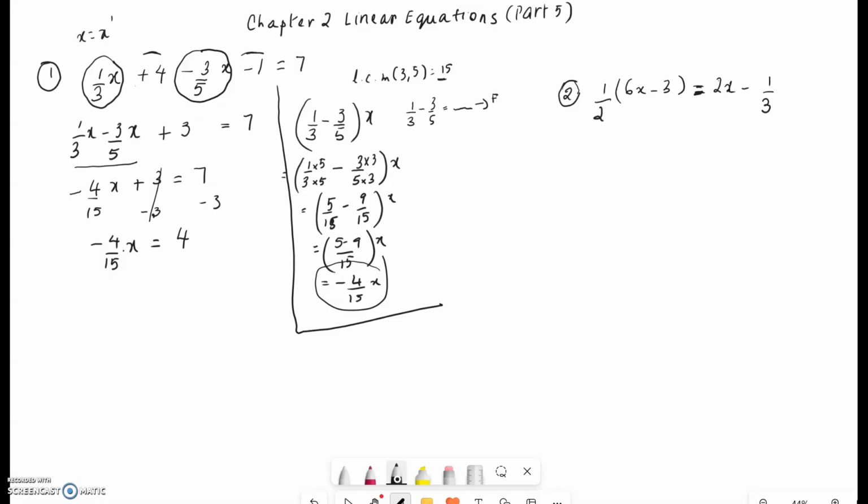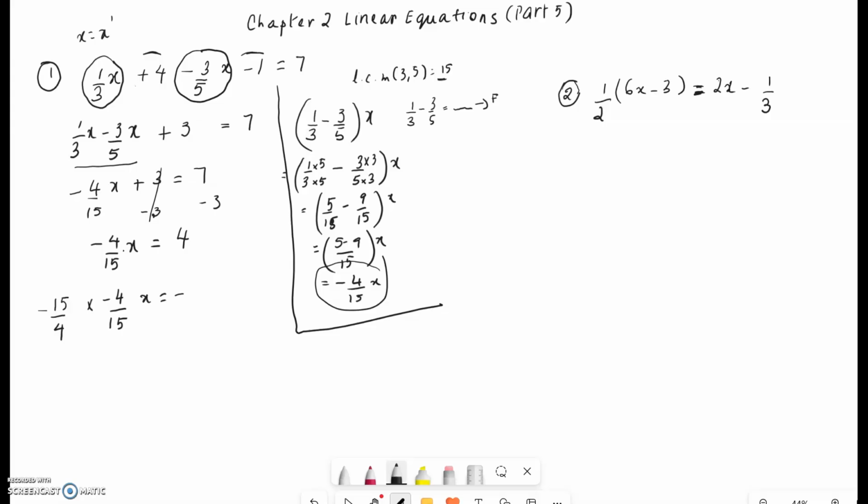We could divide both sides with negative 4/15, but that is the same as multiplying both sides with the reciprocal. Remember that when you multiply both sides with the reciprocal, you get rid of the fraction x, and we do the exact same thing.